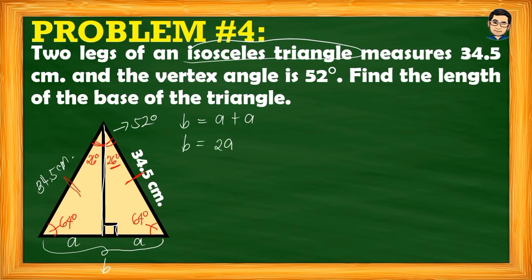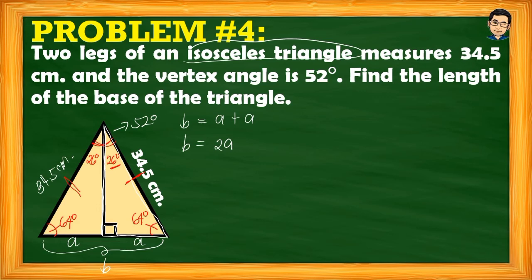Ayan. And then, i-consider lang natin dito is yung isang side dito, wherein given yung mga sukat, kasi pareho lang naman din yon. So, kung yung 34.5 centimeters dito ang magsisilbing hypotenuse ng ating right triangle, and then yung A naman ang magsisilbing adjacent, so ang function na gagamitin natin is cosine. Okay, so paano yon?